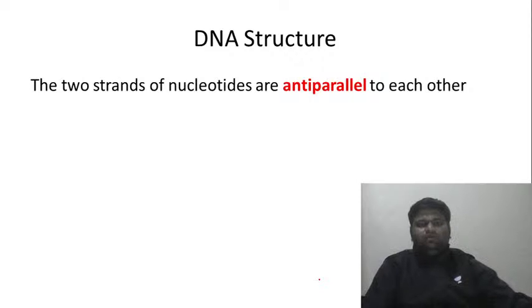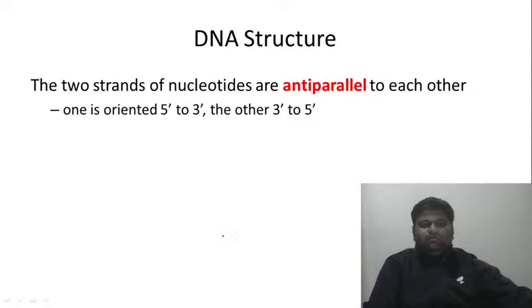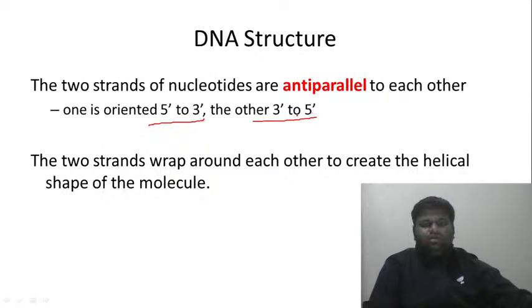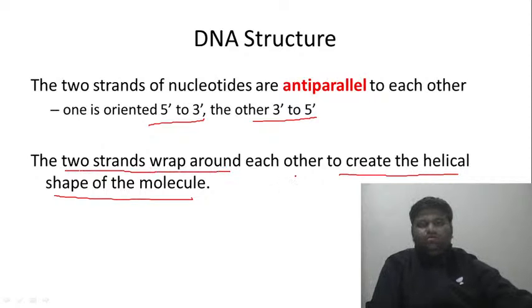The two strands of nucleotides are anti-parallel to each other: one is oriented in the 5' to 3' direction, and the other is from the 3' to the 5' direction. The two strands wrap around each other to create the helical shape of the molecule.